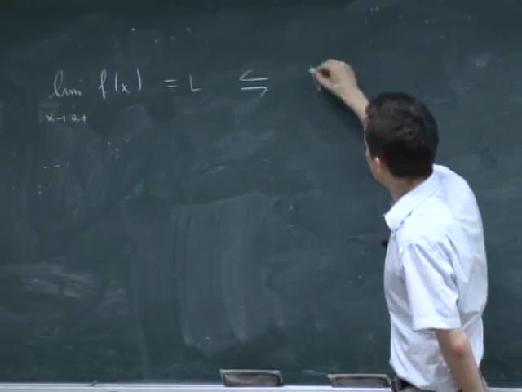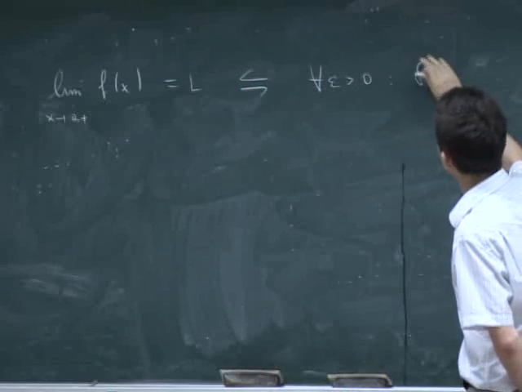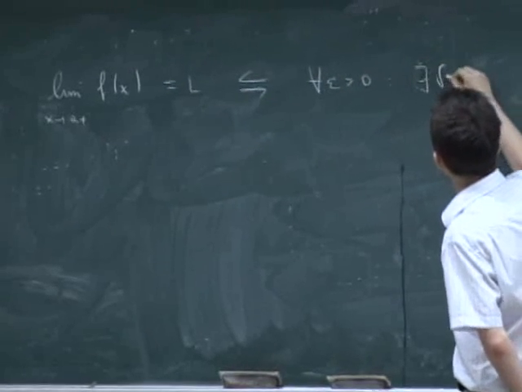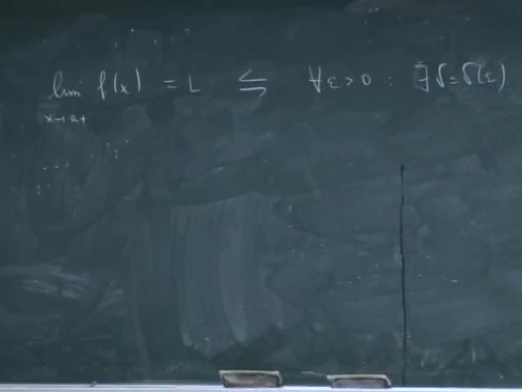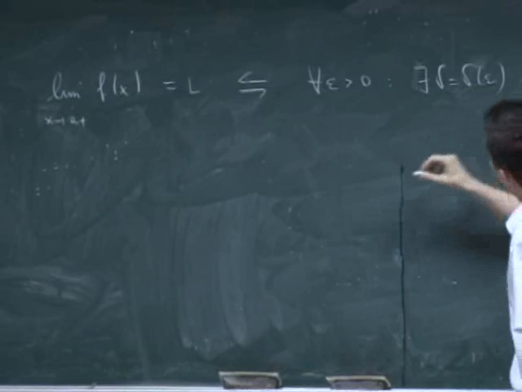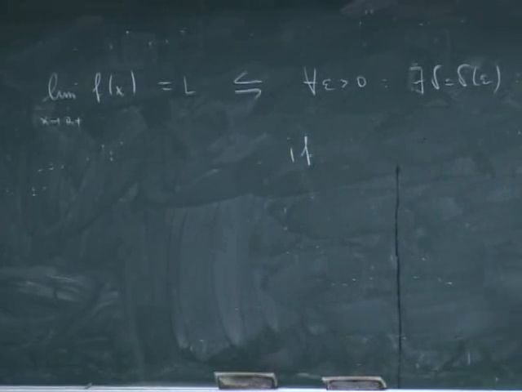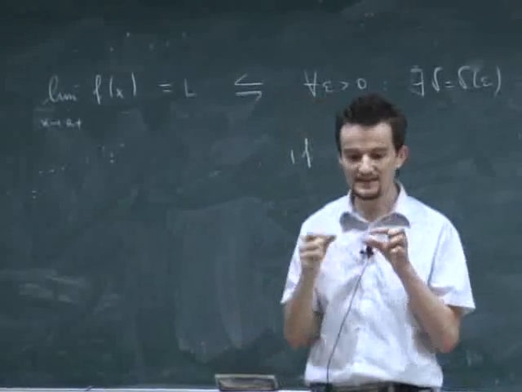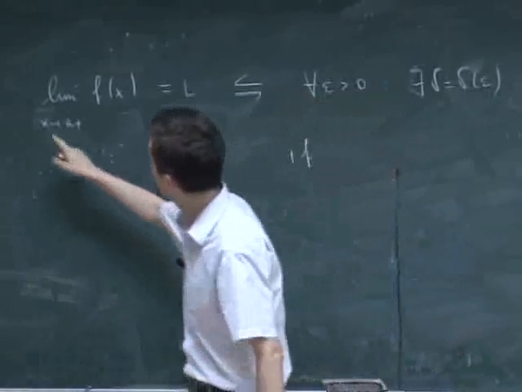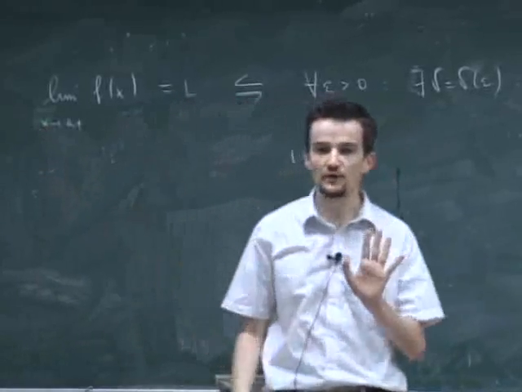Again, for all epsilon larger than 0, there has to exist a delta, which can depend on epsilon, such that if we are close enough, if we are within an interval of length 2 delta of x, f of x will be close to L. This was our original definition.